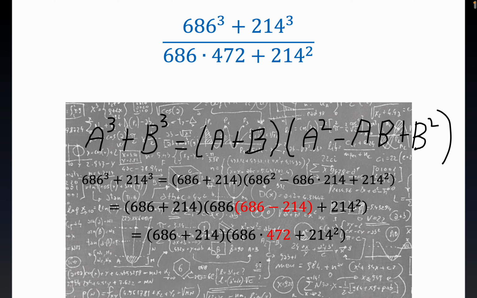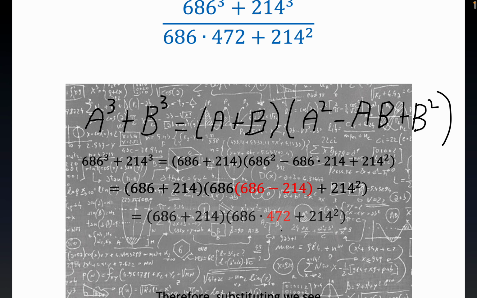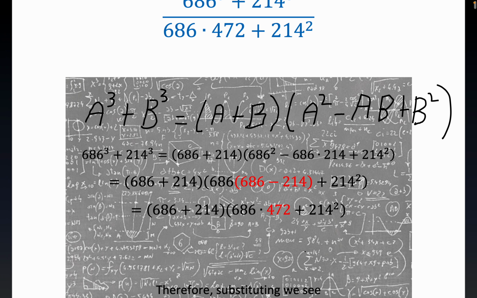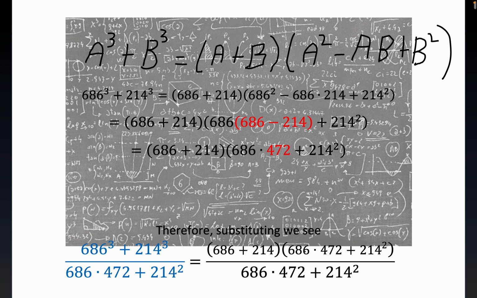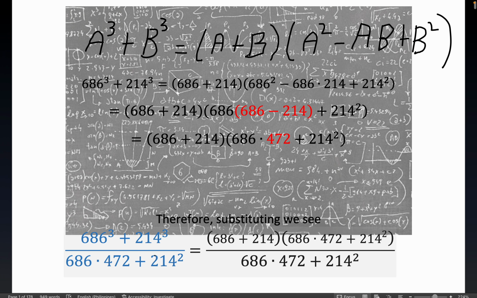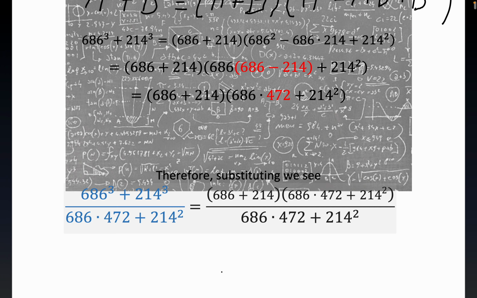All right, and so anyway, we get all of this going on. 686 minus 214 is 472, and if we substitute this result into the original problem here, okay, we're just making a substitution of the work we just did into the original problem, you'll notice that these two factors are the same thing without having to know their size, right?